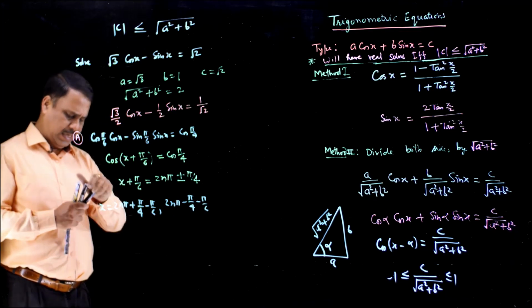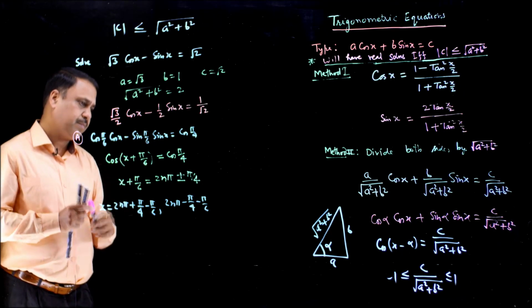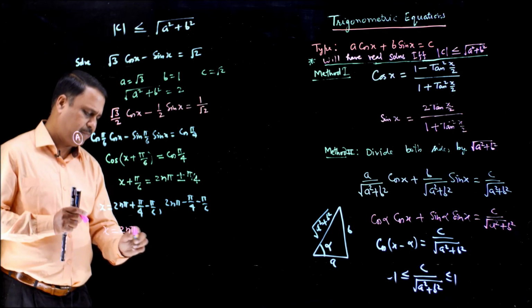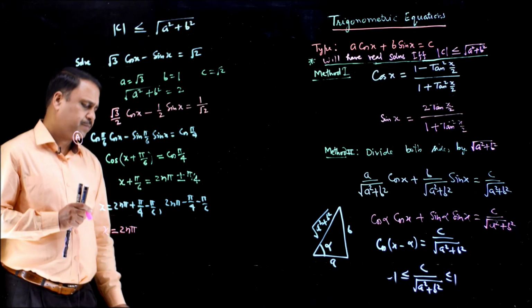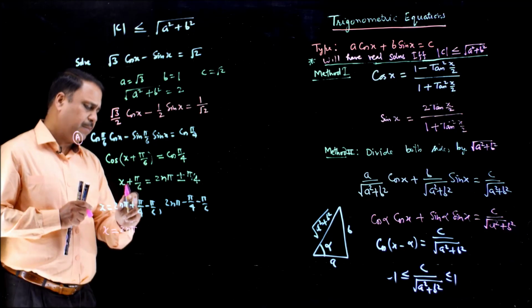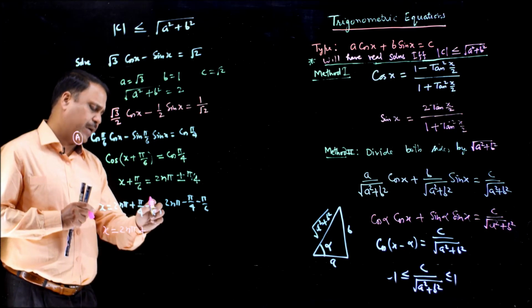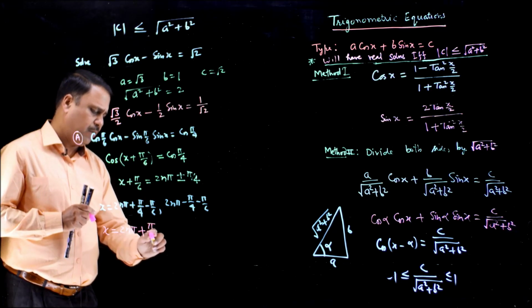So from here you will get x is equal to 2n pi plus, take 12 LCM, 3 pi minus 2 pi, pi by 12 will be left.